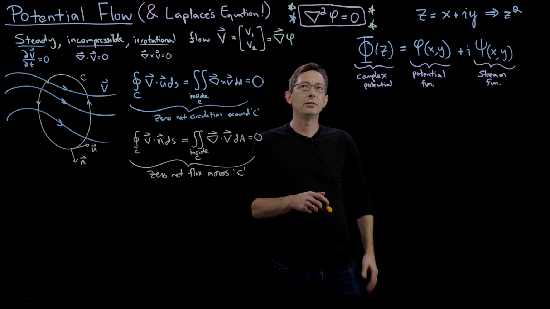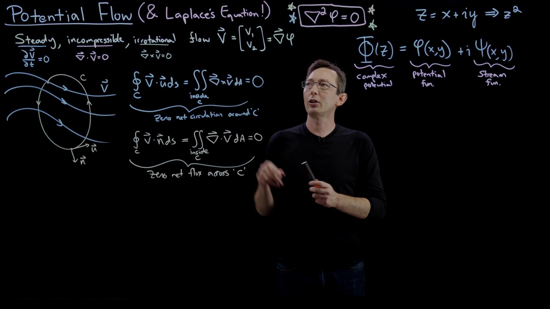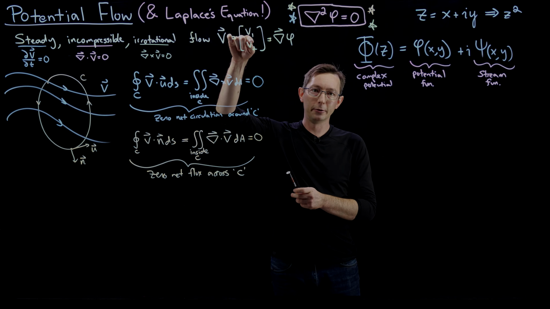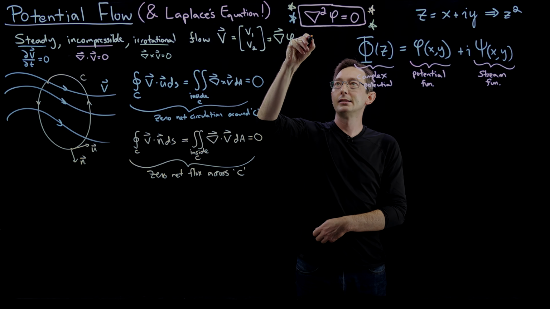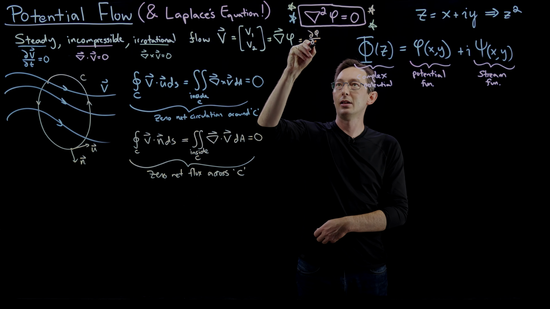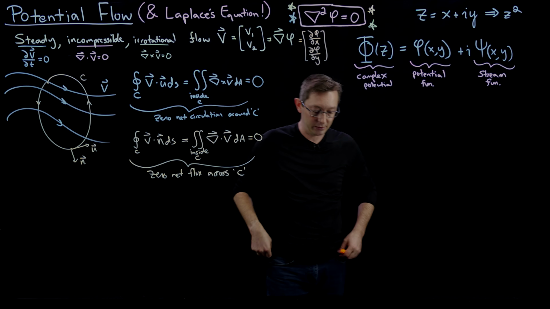And maybe before I do that, I will point out here that our flow v1 and v2, which is the gradient of phi, I'm just going to write this out as partial phi partial x and partial phi partial y. That is what that vector field equals. Okay, that is my potential flow vector field.